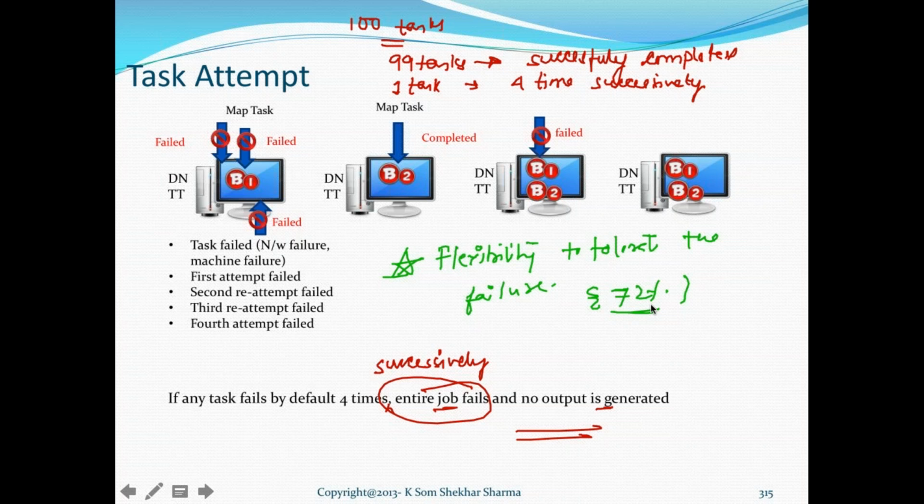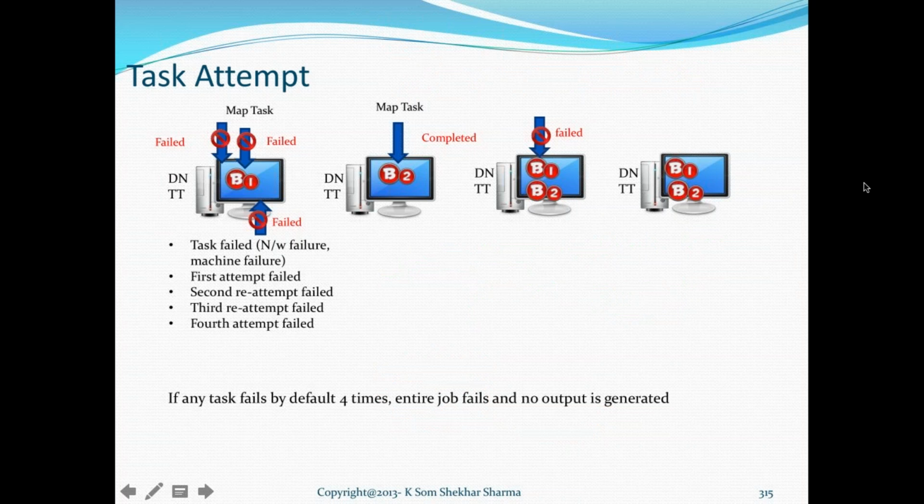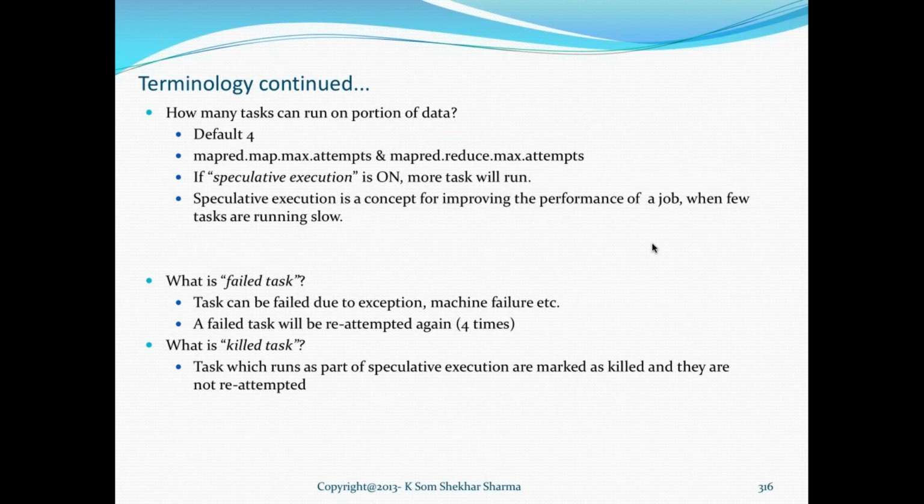Yes, Ajit. The query is whether the reattempt will always be on the same data node in case any task fails. That's how it has been designed. It tries to attempt on the same machine. It will never try to run it on some other data node where the same block information might have been?